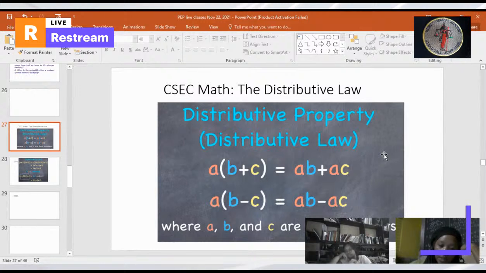So in its simplest form, the distributive law is A bracket B plus C bracket is equal to AB plus AC, or A bracket B minus C bracket is equal to AB minus AC, where A, B, and C are real numbers. And at this level, we're only concerned with real numbers.